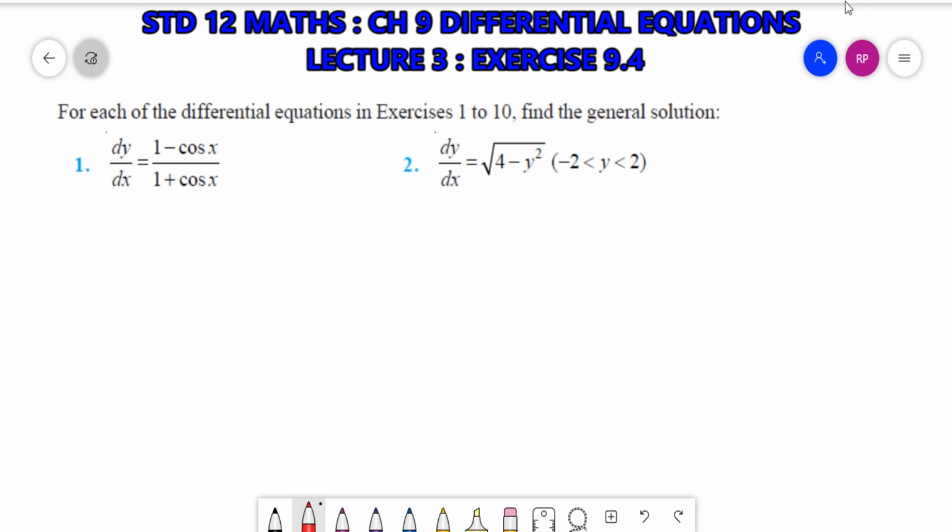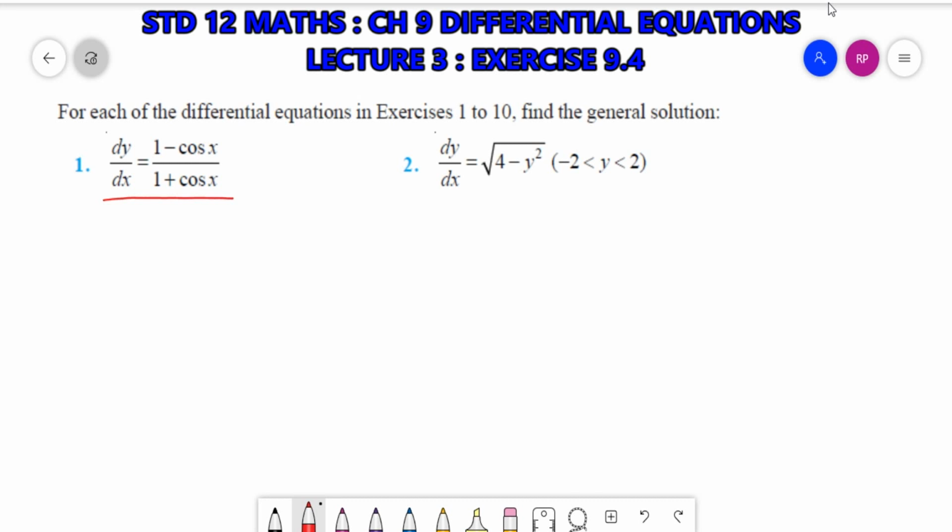For each of the following differential equations, exercises 1 to 10, find the general solution. First question, dy by dx equals (1 minus cos x) upon (1 plus cos x).